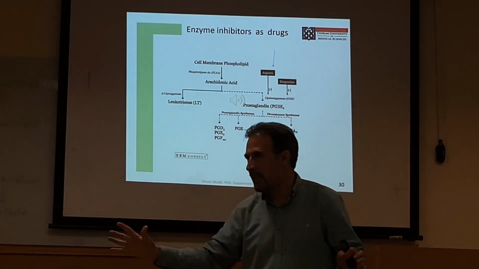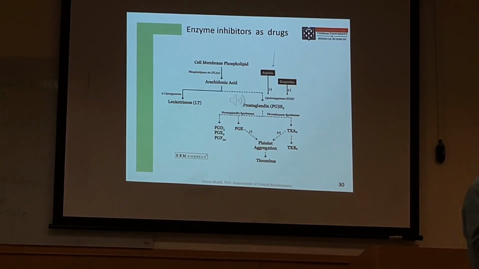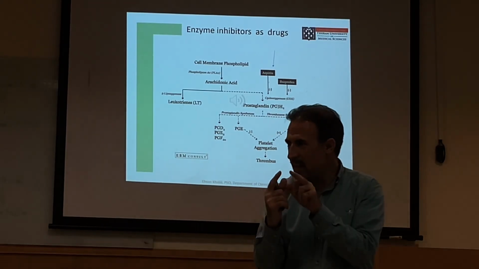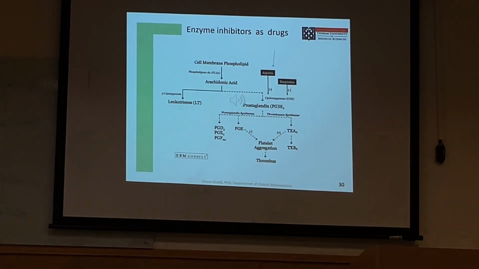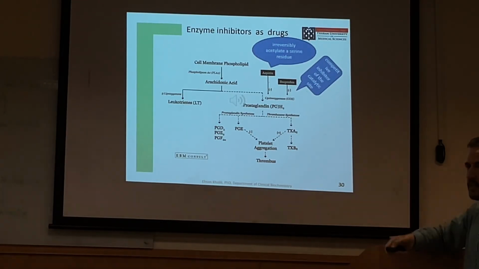You use some of these drugs as anti-inflammatories or for pain because prostaglandins cause pain and inflammation in that area. So you get some drugs like aspirin or ibuprofen. They both target the same enzyme, cyclooxygenase, involved in the downstream process. But aspirin is irreversible, while ibuprofen is a competitive or reversible inhibitor.